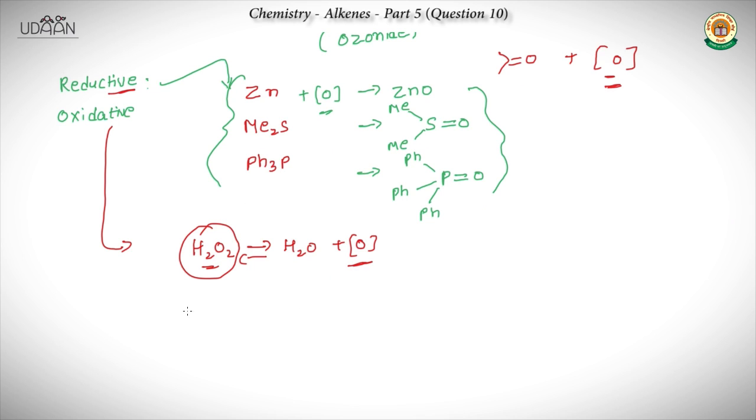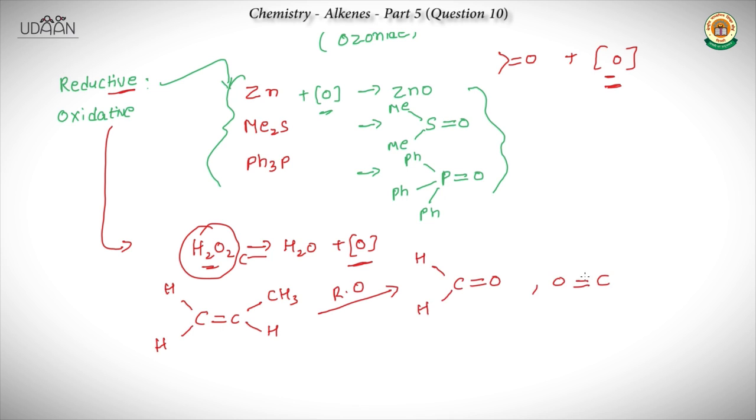For example, if you have CH3, H, H, H, let's say, if you subject it to reductive ozonolysis, you will get C double bond O, H, H, and here also C double bond O, CH3 and H here.